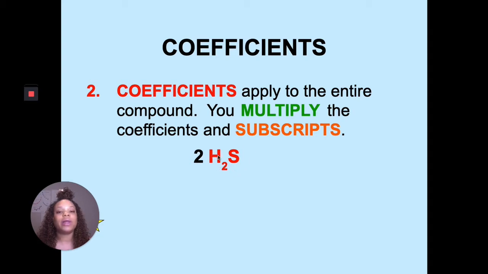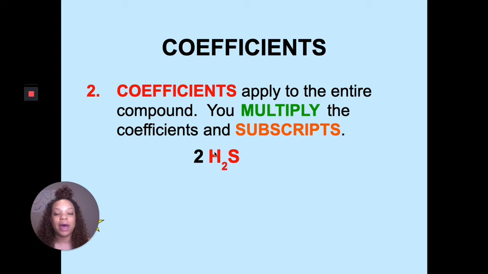Before, we only had 2 hydrogen and we also had 1 sulfur. But what you want to do is go back to the big number. So we're going to do each element individually. We're going to start off with hydrogen. We know that we have 2. We're going to multiply this small 2 by this big 2. 2 times 2 equals 4. So I know we have 4 hydrogen.